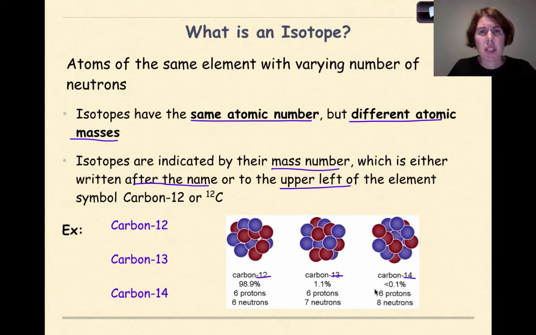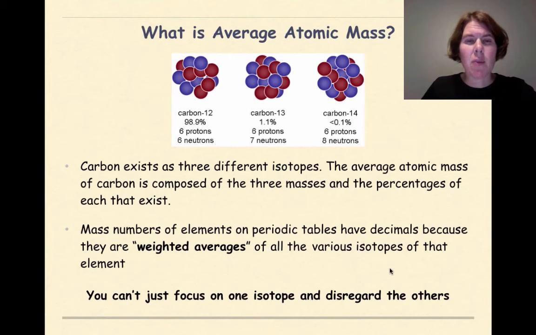Now the whole purpose of this tutorial is actually to start talking about these percentages right here and what they mean when we talk about the concept of average atomic mass. So what is average atomic mass?